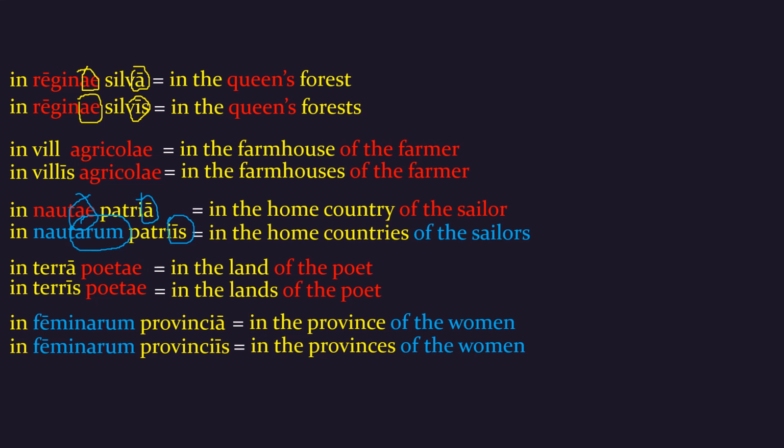And finally, in feminarum provincia, in the province of the women, and in feminarum provinciis, in the provinces of the women. The most important thing you can do is break it up into small parts. If you see that in, you've got to look for an ablative somewhere after it. Okay, break it up into its component parts and you'll be able to figure out what it says.